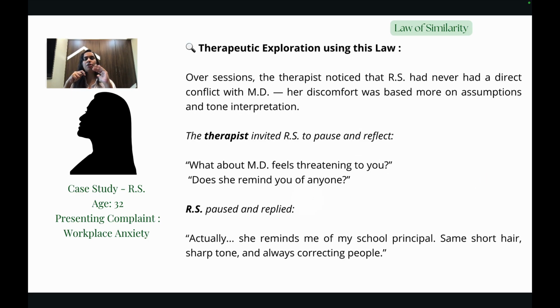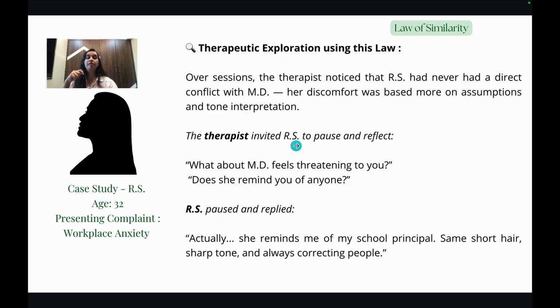So let's see this through a therapy lens. Over sessions, they start to look for what the connection is between RS and MD. What is the discomfort that RS is going through? And maybe with therapy, they start understanding whether it is based on assumptions and tone interpretation.